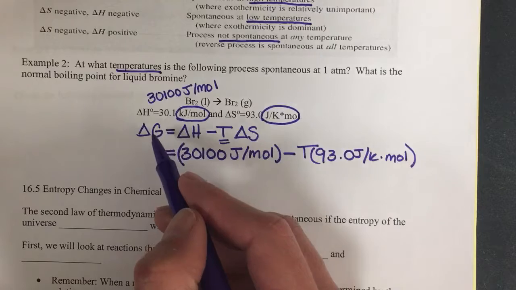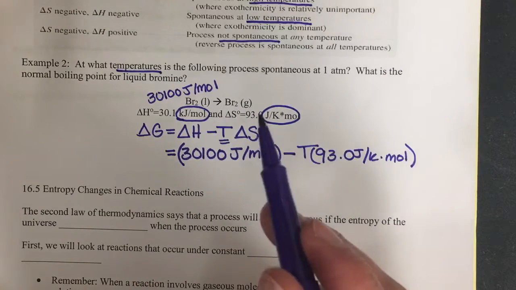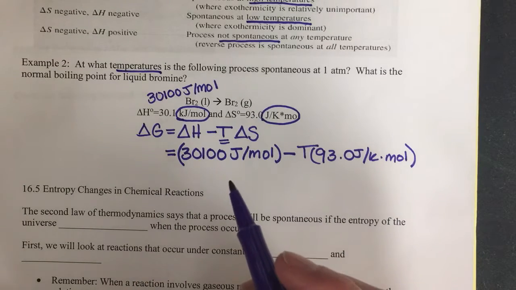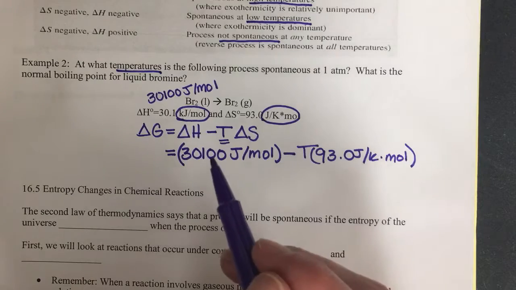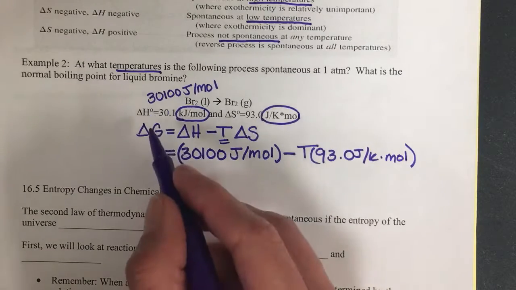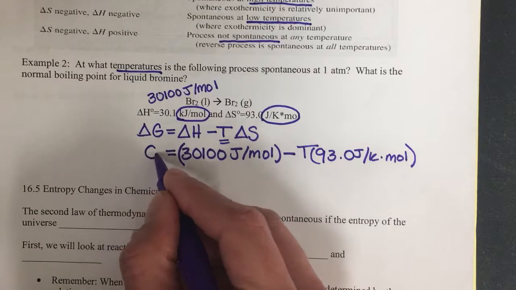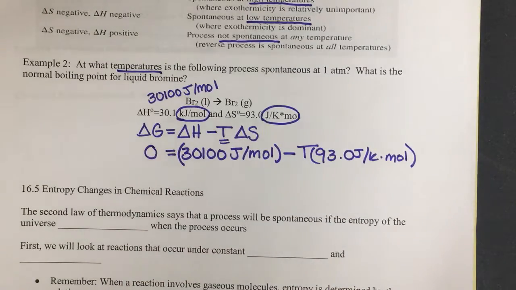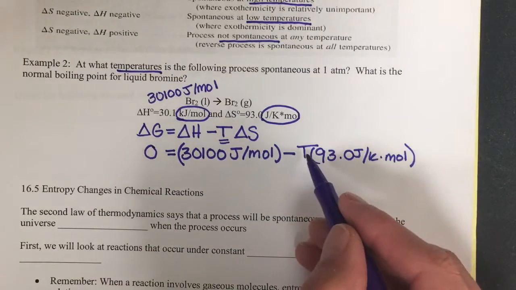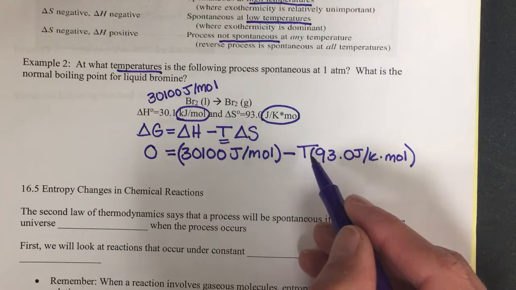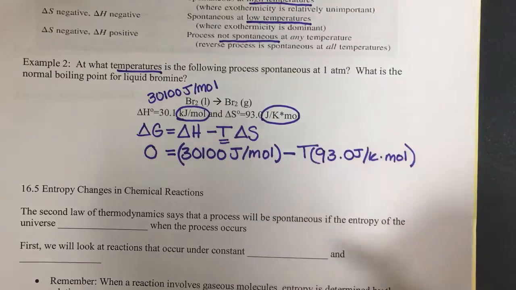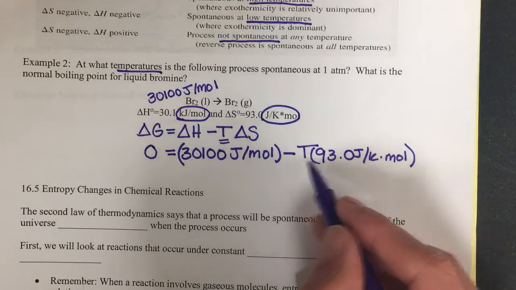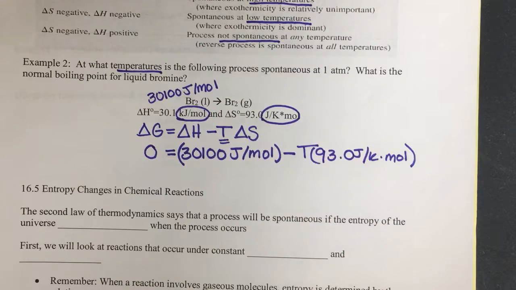Now, I don't know my delta G, but I do know that I want this reaction to be spontaneous. So I'm going to set this G equal to 0. Any temperature that's bigger than the one I get will give me a negative value. So any temperature above the one I calculate, my reaction will be spontaneous.